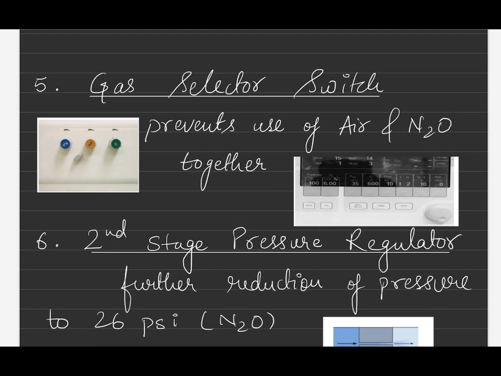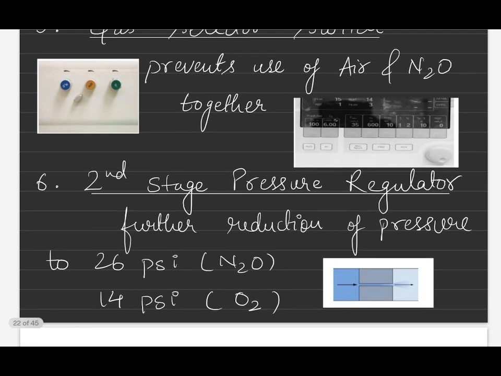So in this diagram also we can press the button and a red light will be blinking on the gas selected. If we select nitrous oxide, there will be a light on the panel, or if we select air, there will be a light on the panel. So this is usually present in newer machines.